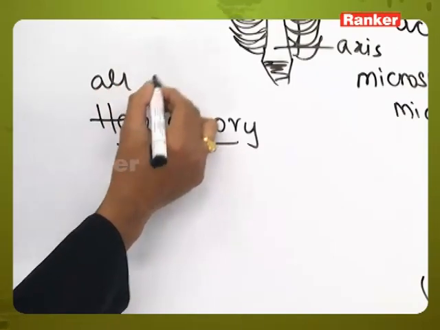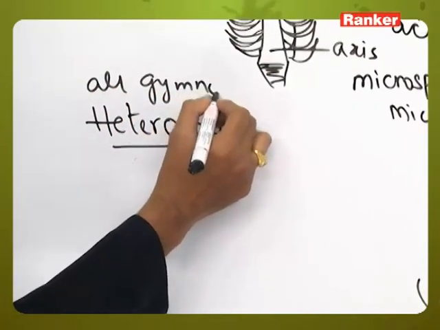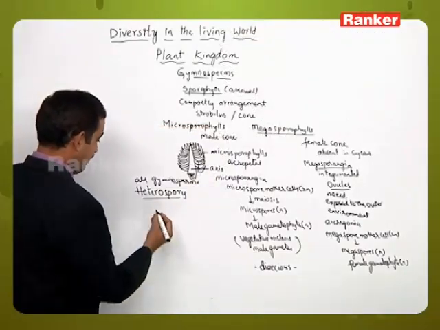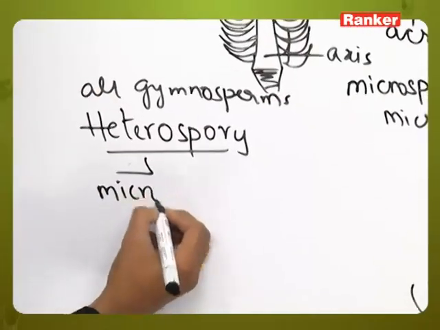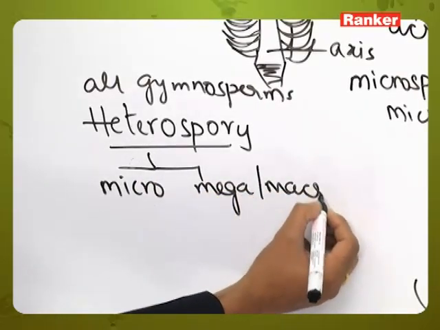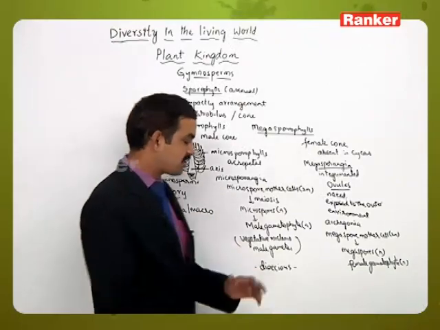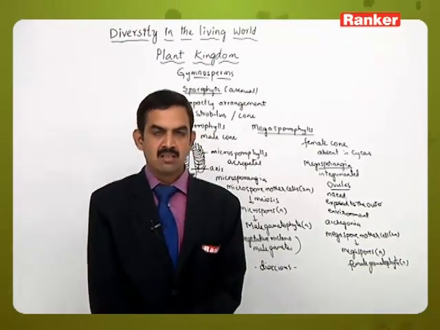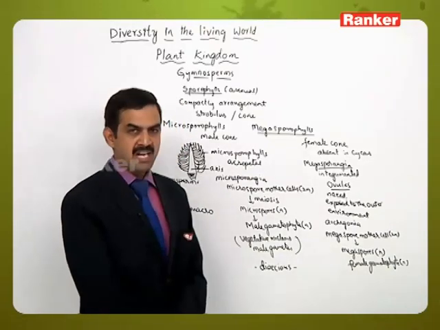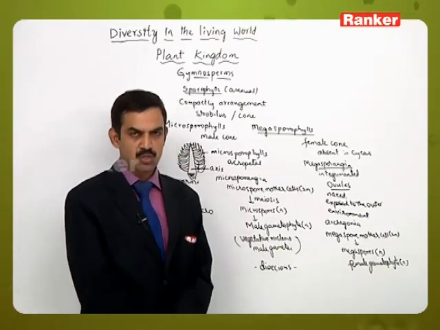All gymnosperms are heterosporous. They produce microspores and the other is called megaspores or macrospores. This type of nature started in the members of Pteridophyta, and has continued in the gymnosperms and in the angiosperms, the next group of plants.